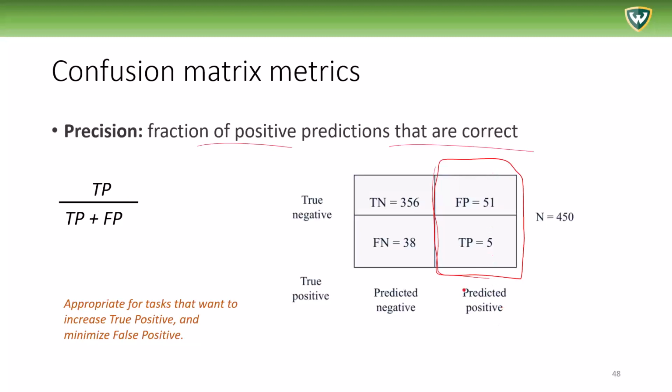This emphasizes that you want the positive predictions to be correct. If the FP is low, you're going to have a high precision. If the FP is high, you're going to have a low precision. So that's what I mean by helps to minimize the false positive.